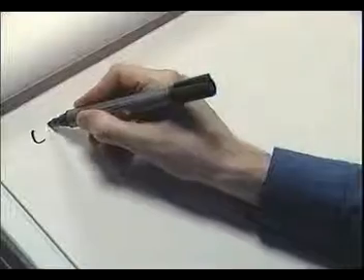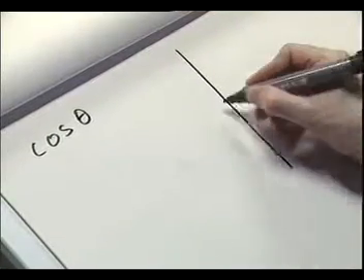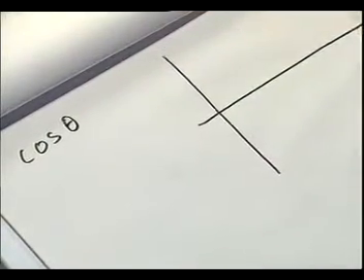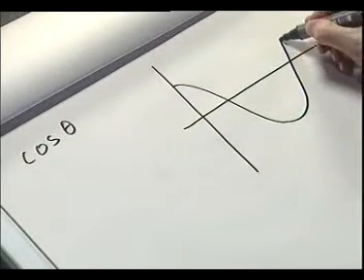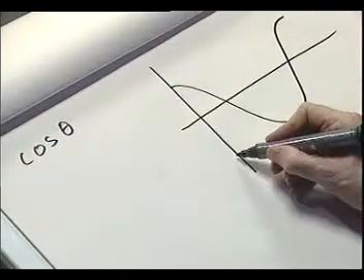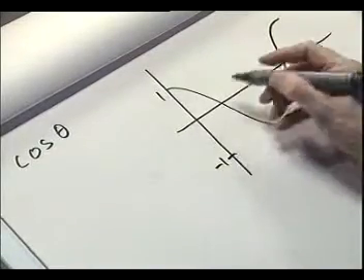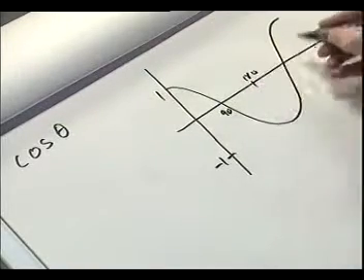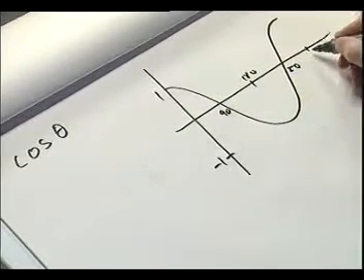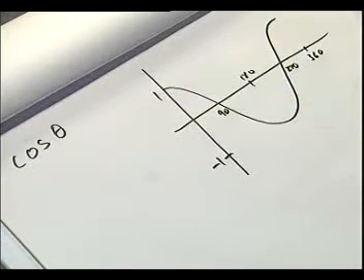Let's take now cos theta. We'll do the same. We'll take the graph of cos theta between 0 and 360. And the extreme values will be -1 and +1, 90, 180, 270, 360. Just make that clearer.